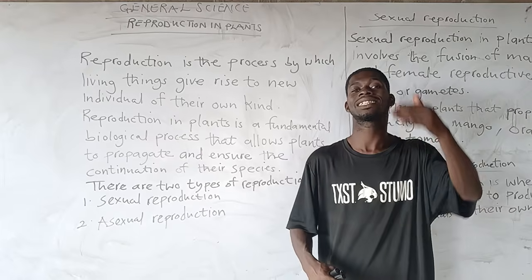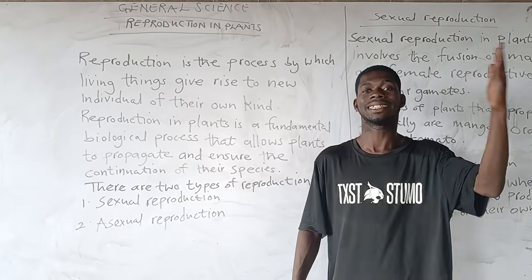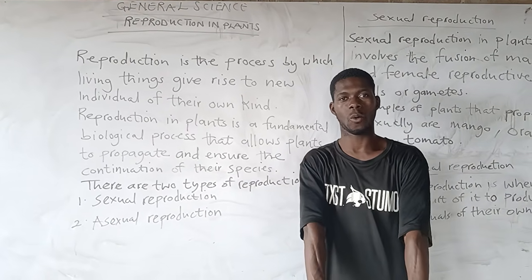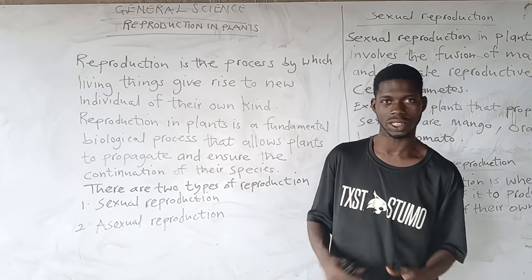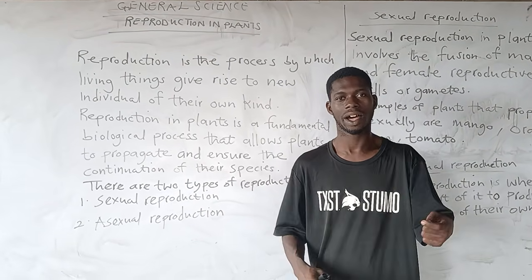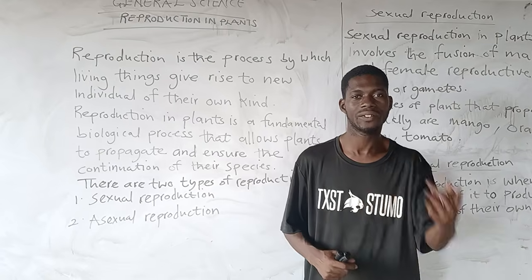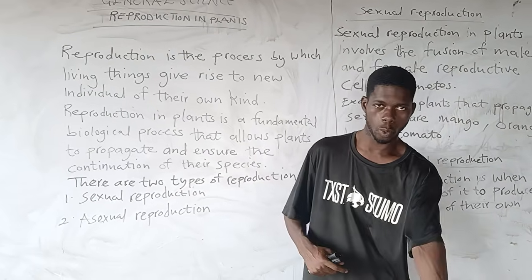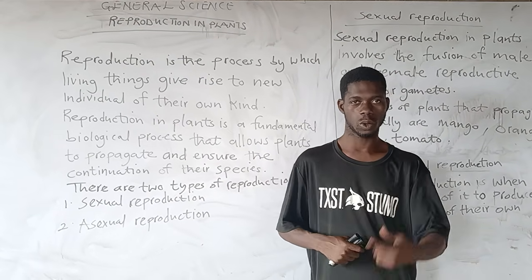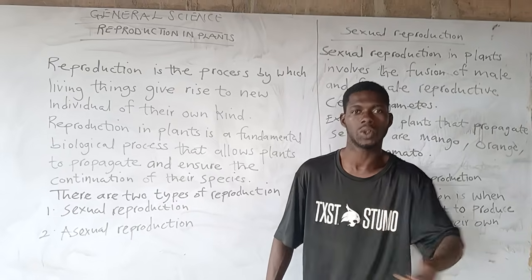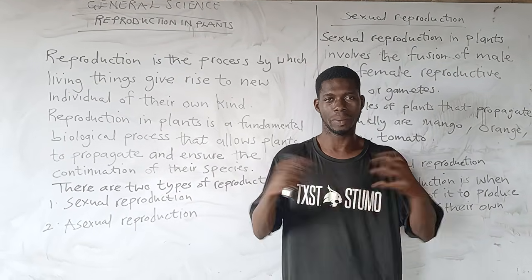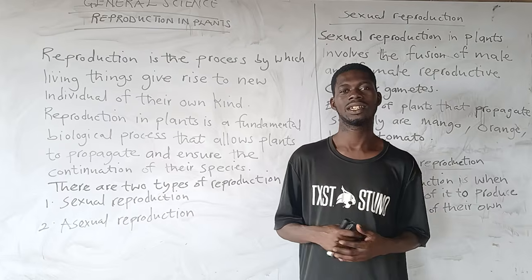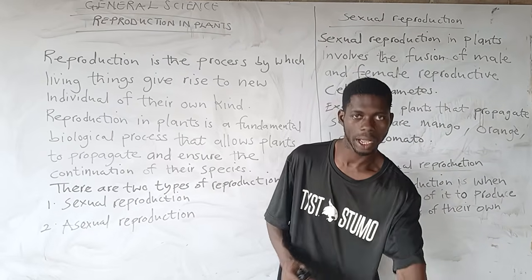If you cut the parent plantain, the young ones will be there, so the species continues. Cassava, if you harvest the parent one, the new individual will be there. Maize as well, if you harvest the parent ones, the younger ones will be there.